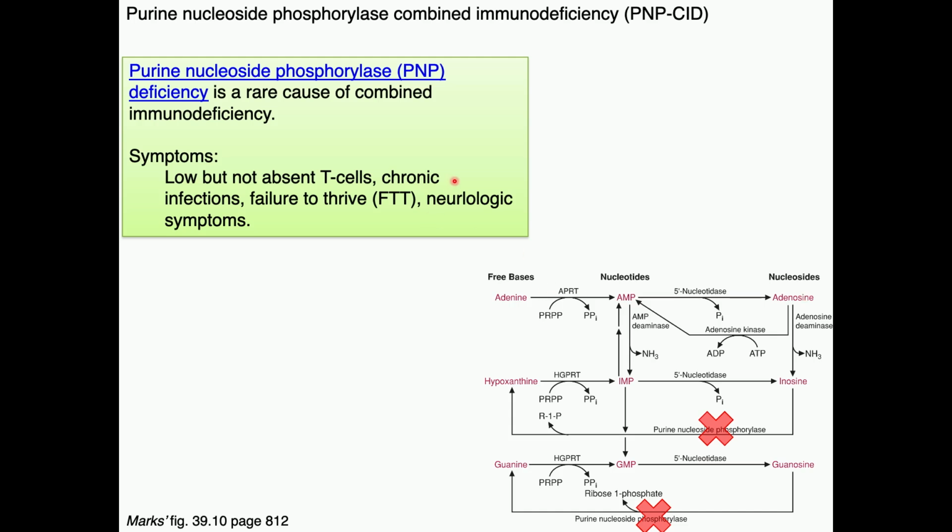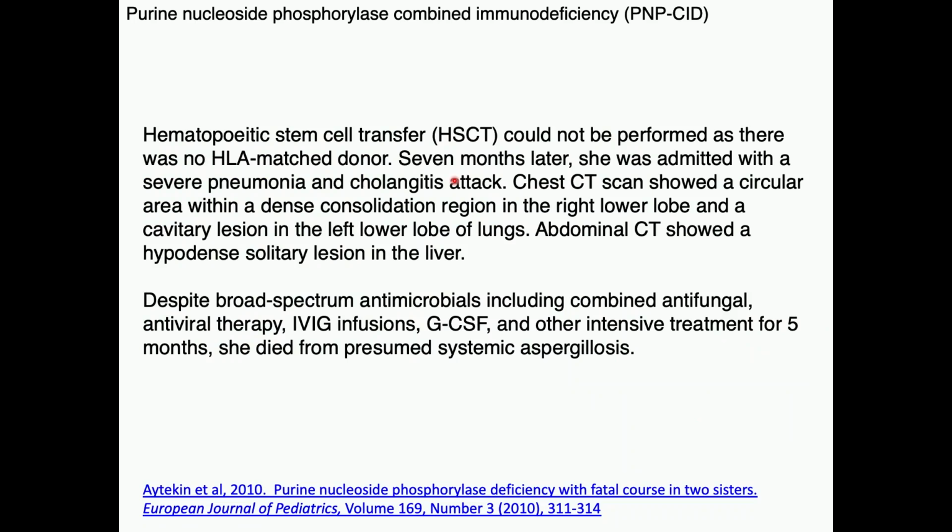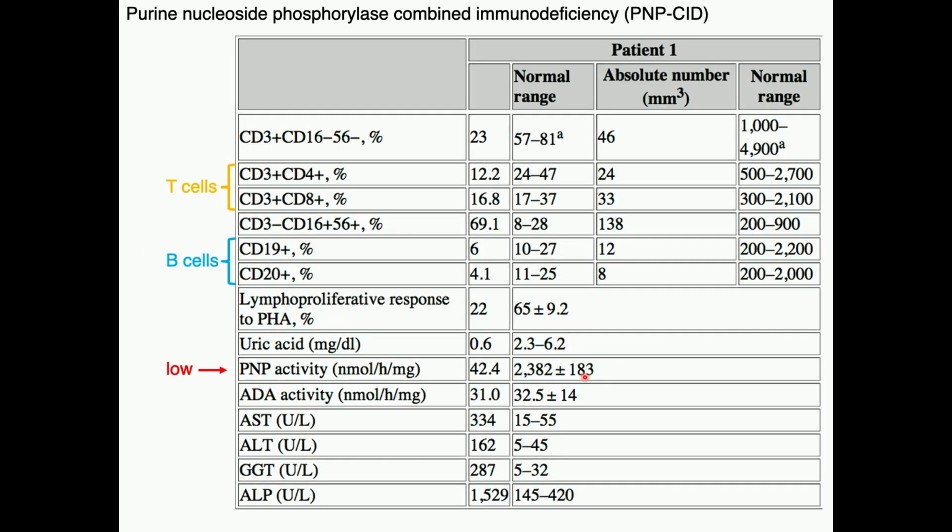So the diagnosis, distinguishing purine nucleoside phosphorylase deficiency from ADA deficiency, that's really going to be in the purview of the immunologists and hematologists. So that's not something that I'm going to ask you all to do, unless you're given data like this, okay?